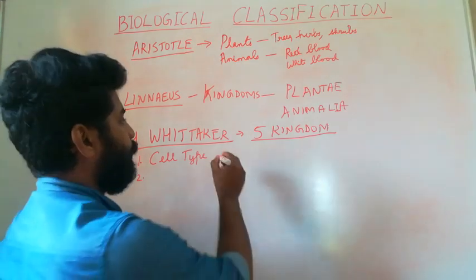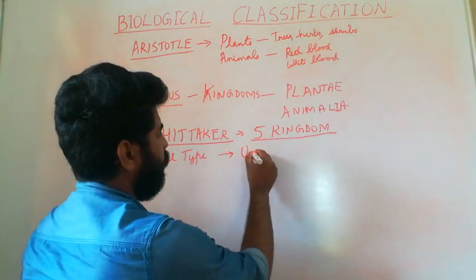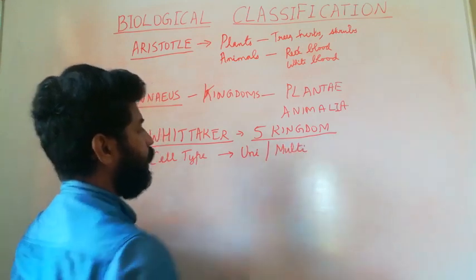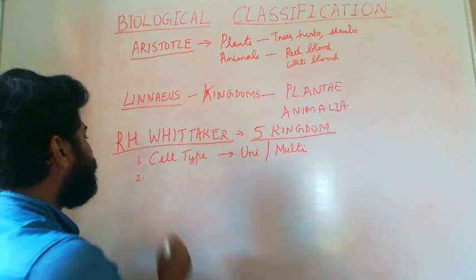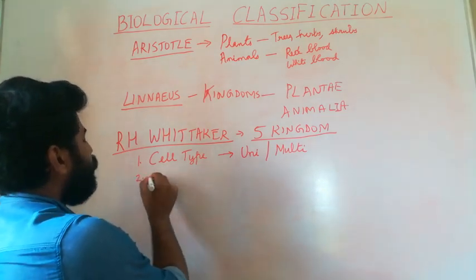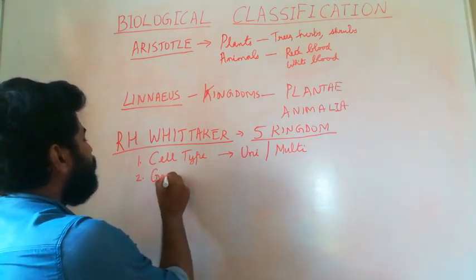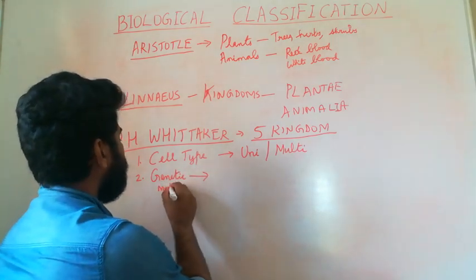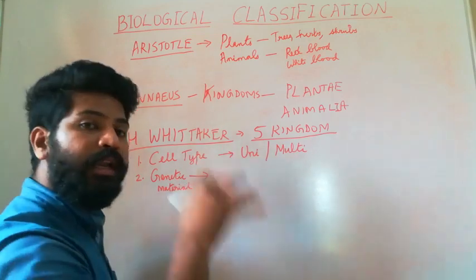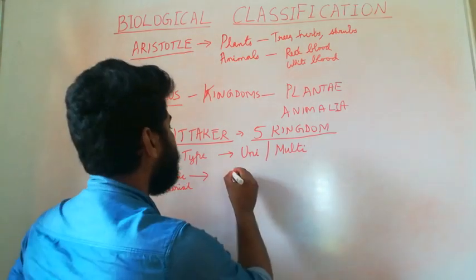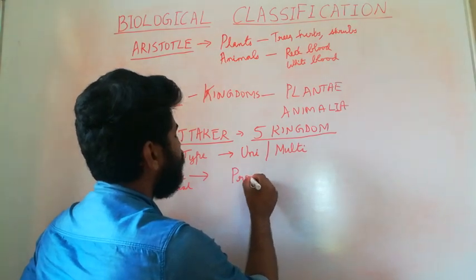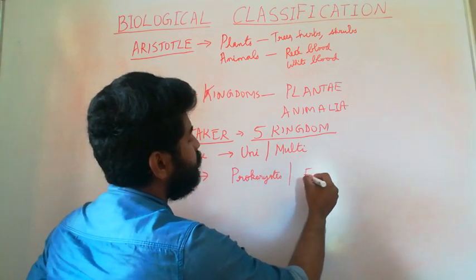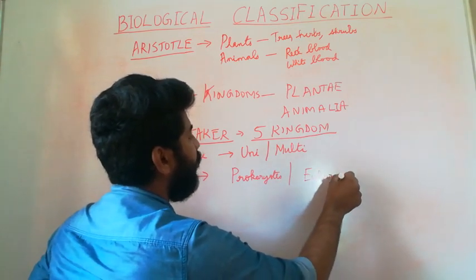The cell type, that is whether organisms are unicellular or multicellular. Not only that, he also looked at the genetic material, that is whether the genetic material is present inside the nucleus or it does not have a nucleus. That is, organisms were classified based on whether they are prokaryotes or eukaryotes.